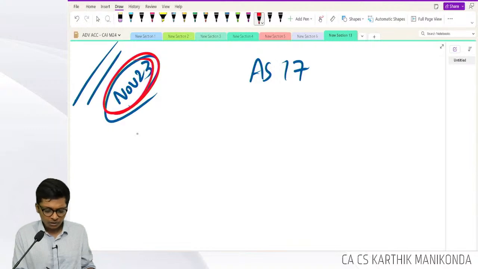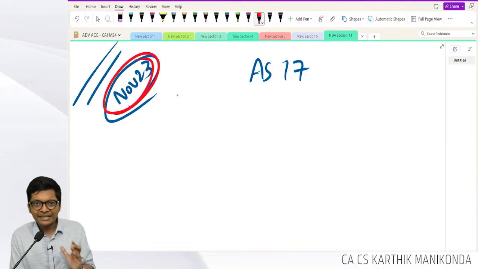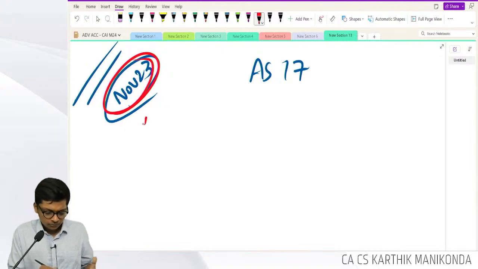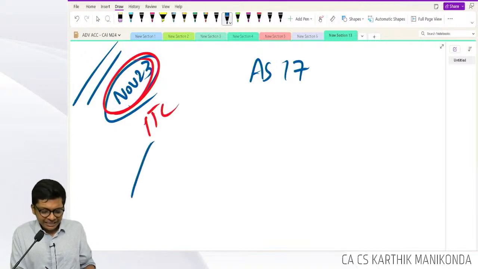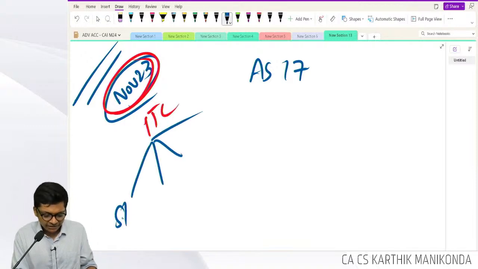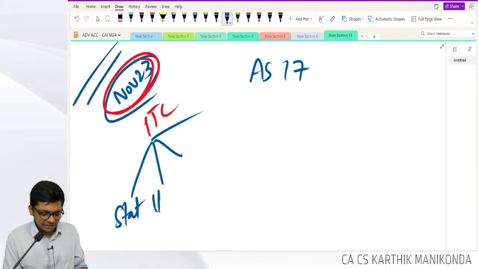Okay. So let's take a company like, let's say, ITC. ITC has multiple products: stationery, hotels, FMCG.